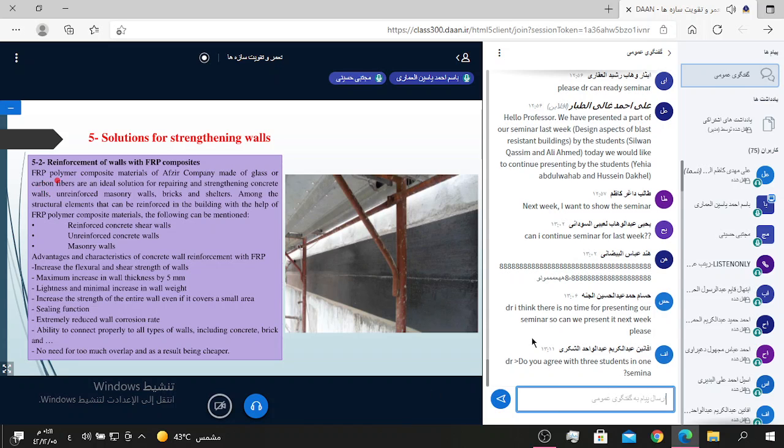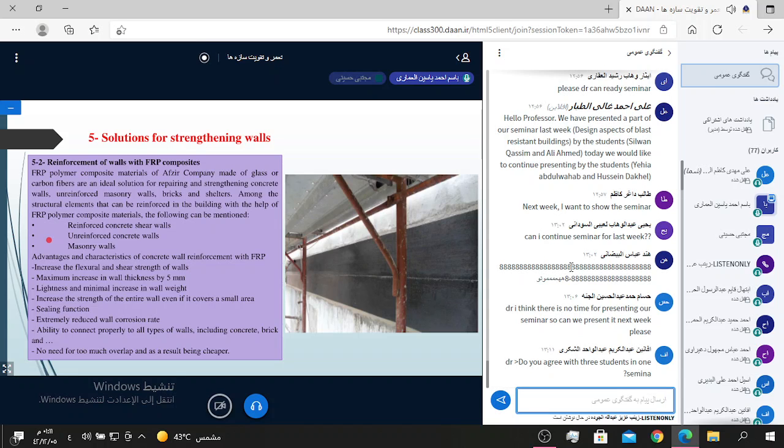FRP polymer composite materials made of glass or carbon fiber are an ideal solution for strengthening concrete walls and reinforced masonry walls.